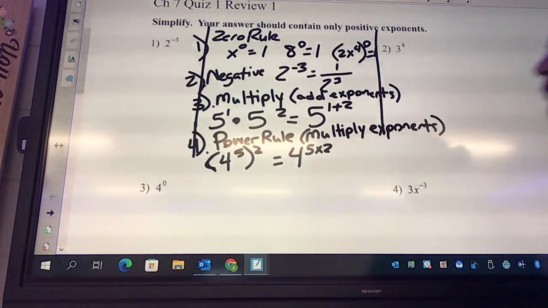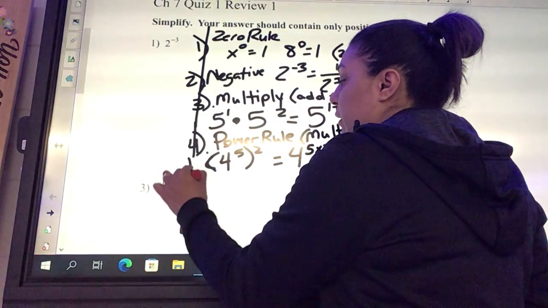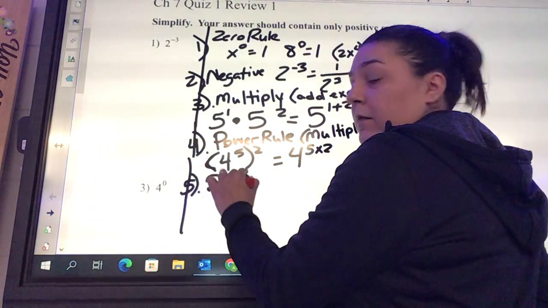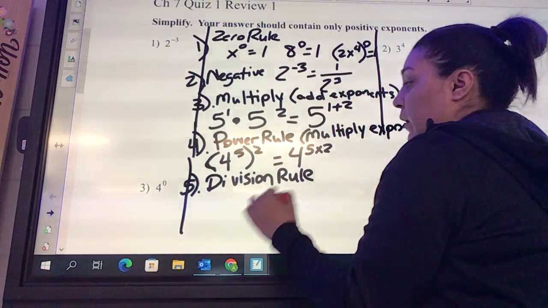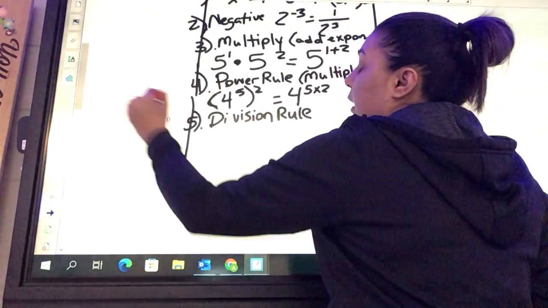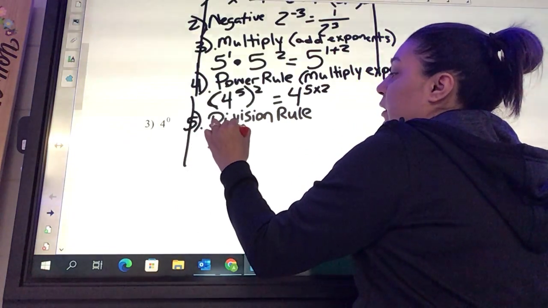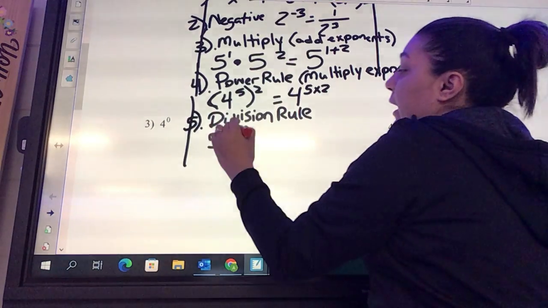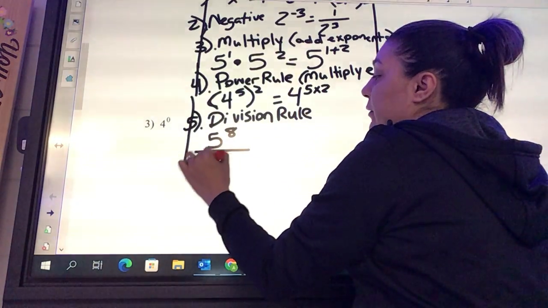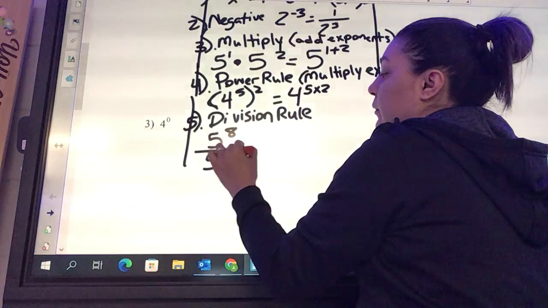And then the last rule that we went over was the division rule. Okay, and we might have had something like 5 to the 8th over 5 to the 2nd.